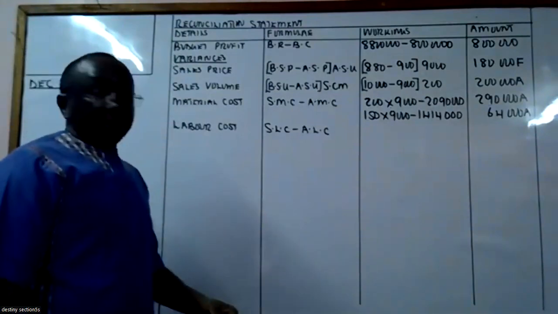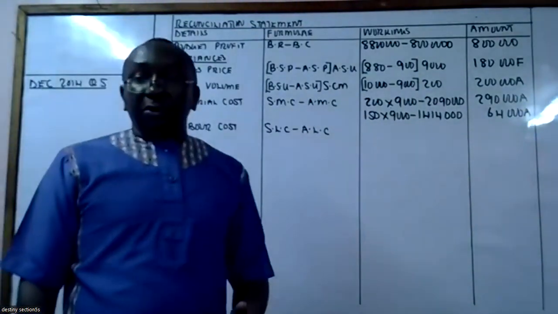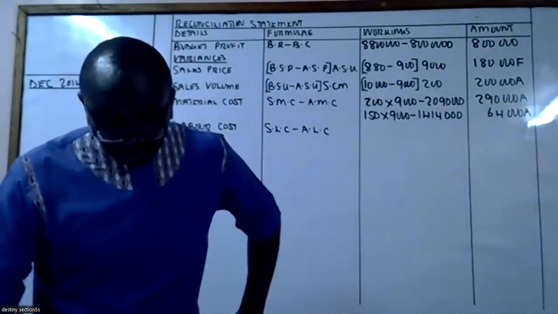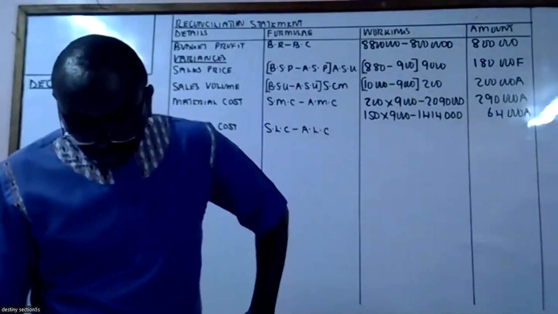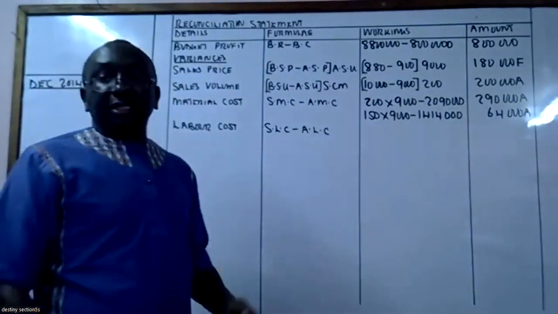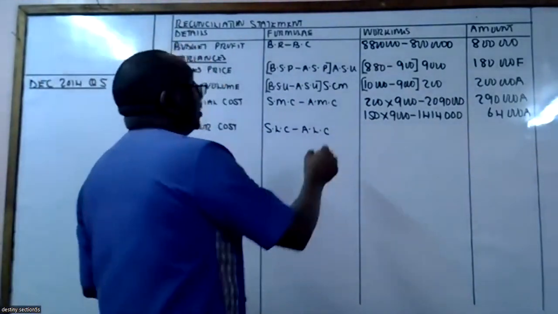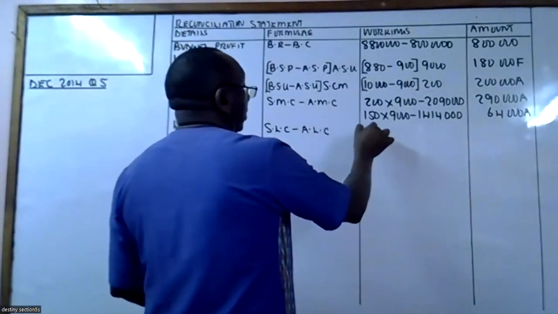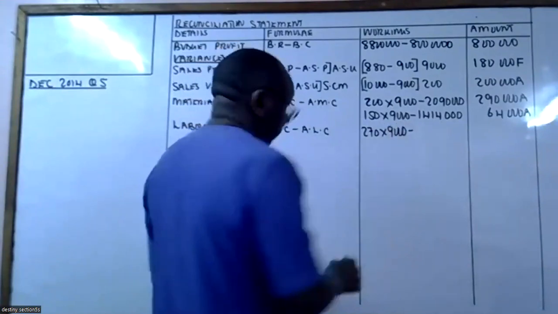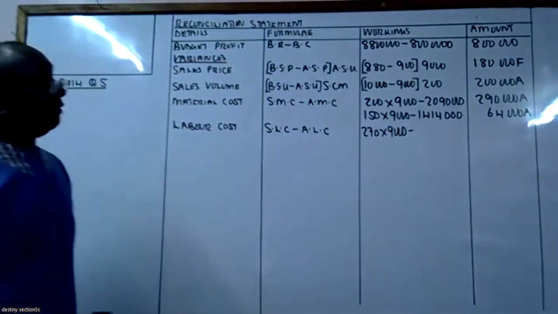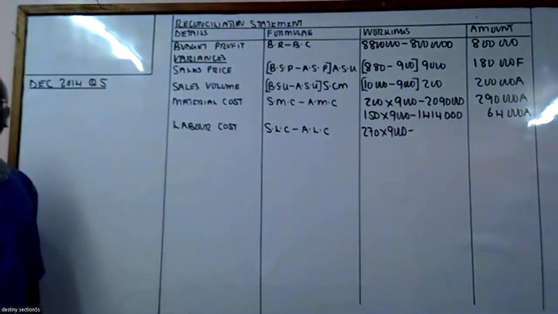And again, when you go to the standard card up there, you'll be able to see that each unit should have taken us 270. So multiply by 9,000.